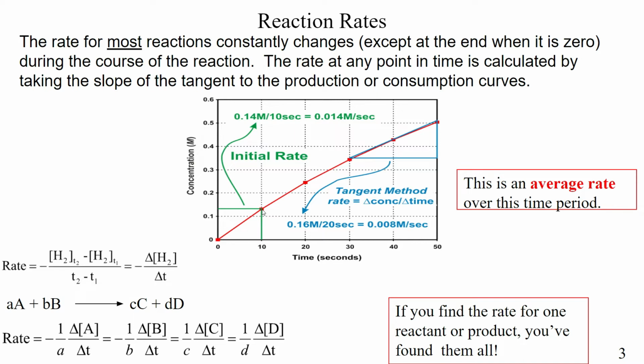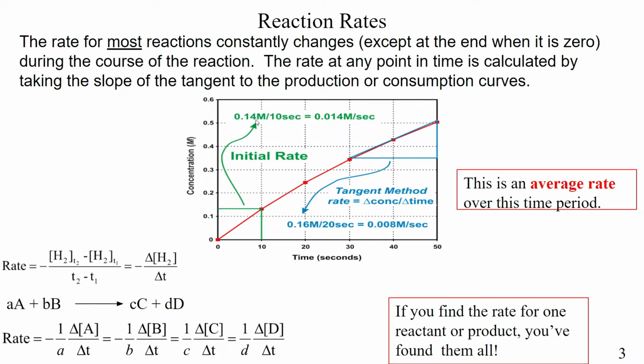You're going to take your concentration. In this case, at this point, the concentration is 0.14 molar. And at this time, we're at 10 seconds. So how are we going to find the rate? We're going to take our 0.14 molar and divide that by 10 seconds.